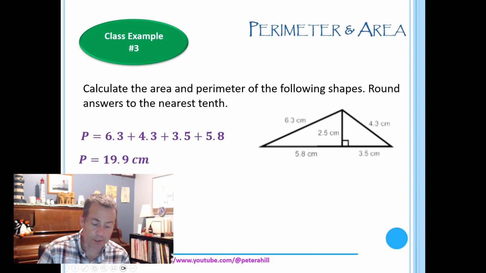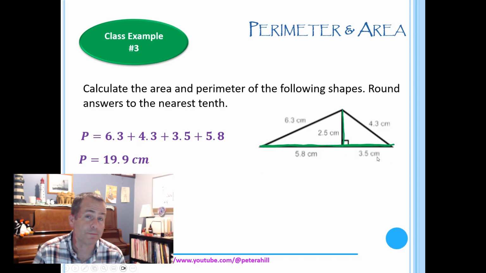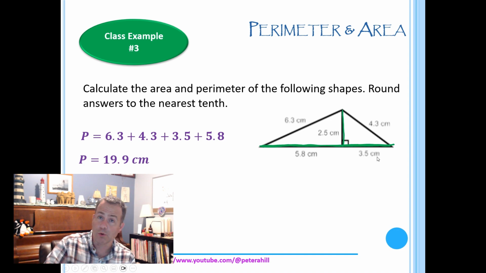Now the area, I need the base times the height. So the base of this triangle is right here, and the height is right there. So the base is 5.8 plus 3.5. Both of those together will make the whole base.